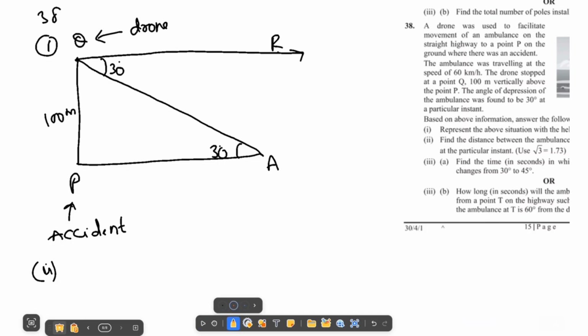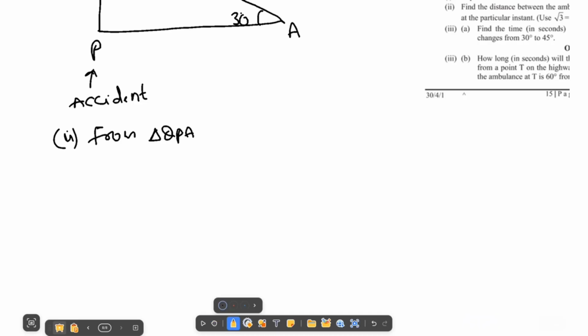To find the PA distance, we have to take the triangle QPA. From triangle QPA, with respect to 30 degrees, QP is the opposite side and PA is the adjacent side. Now apply tan 30 degrees. Tan 30 degrees is equal to the opposite side QP over the adjacent side PA.